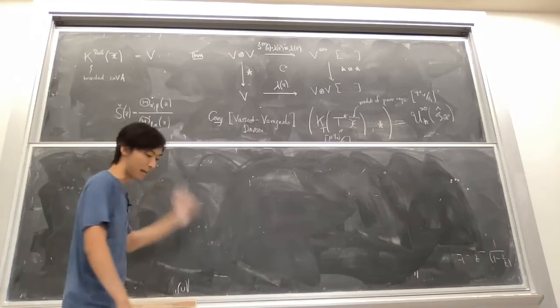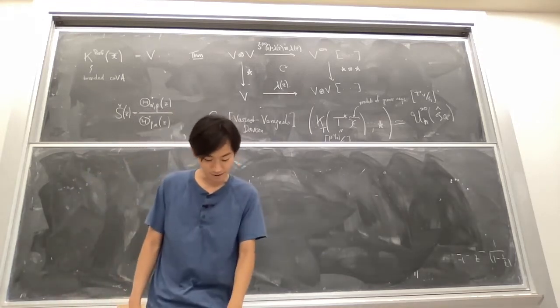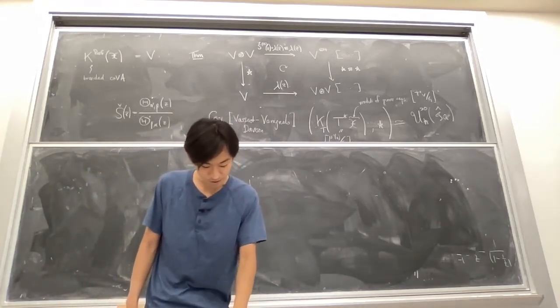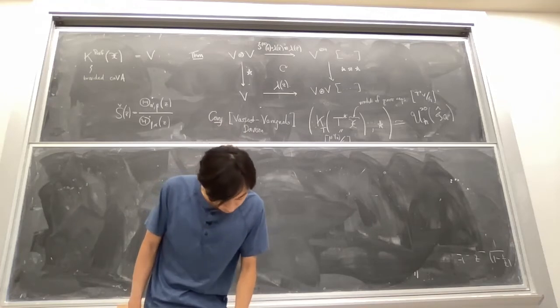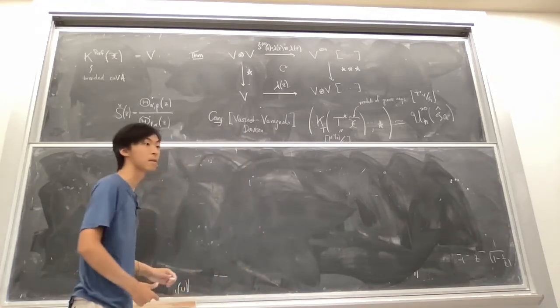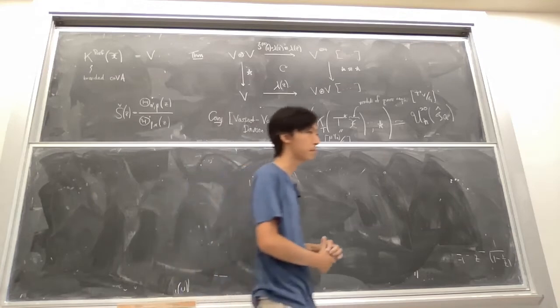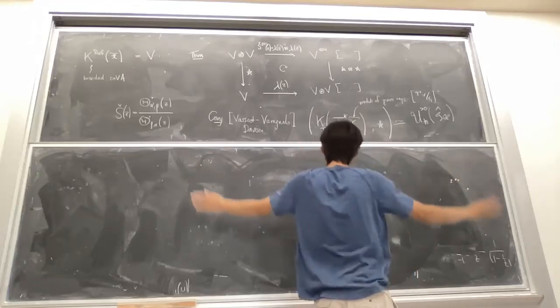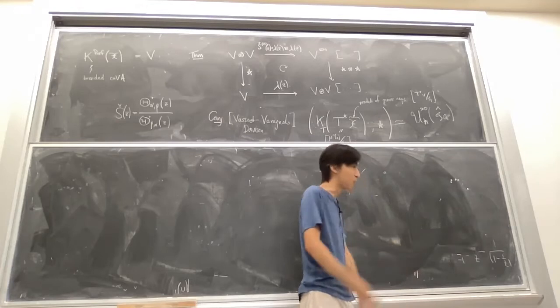Right. So the last thing I want to say for today and also for this whole series of lectures, but then maybe to stress my mistake. Anything written on the board says nothing about the actual wall crossing formula. None of this has anything to actually do with wall crossing.